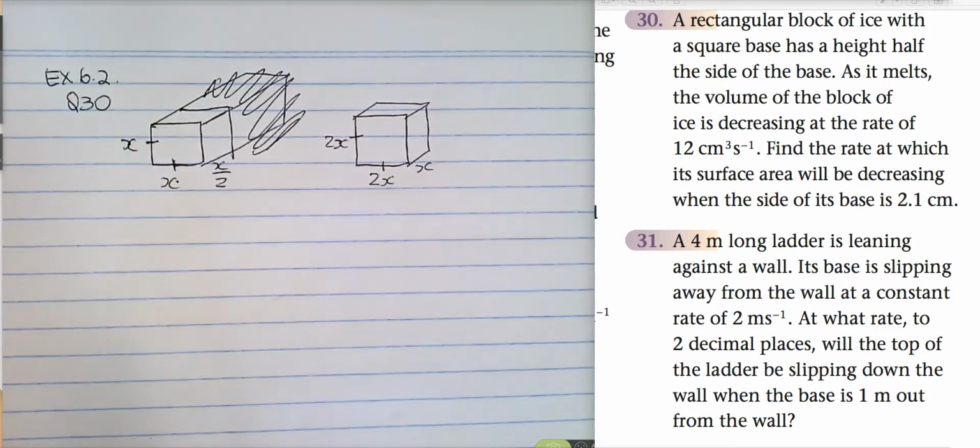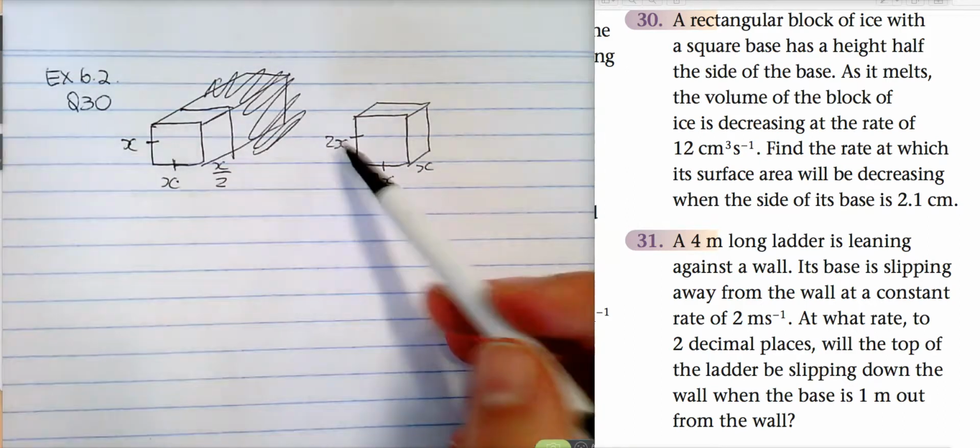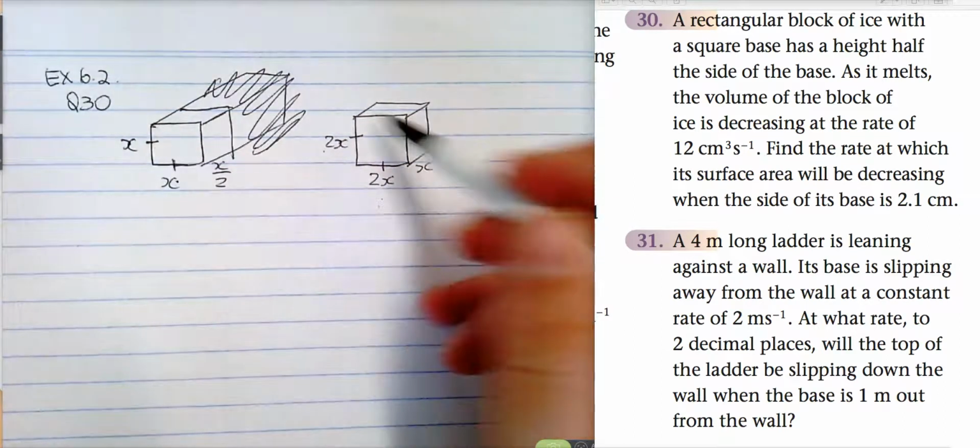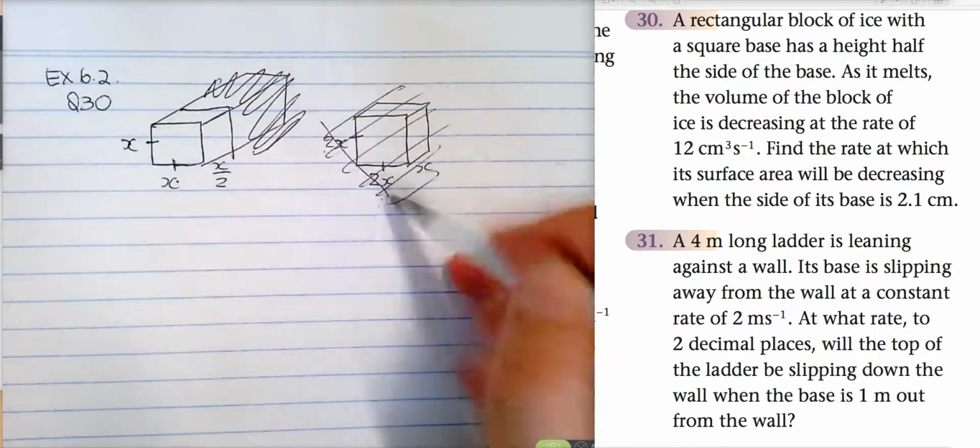A rectangular block of ice with a square base has a height half the side of the base. As it melts, the volume of the block is decreasing, and find the rate at which the surface area will be increasing when the side of its base, actually we've got to be careful here. If the side of its base is 2.1, maybe we should just stick with the first diagram.